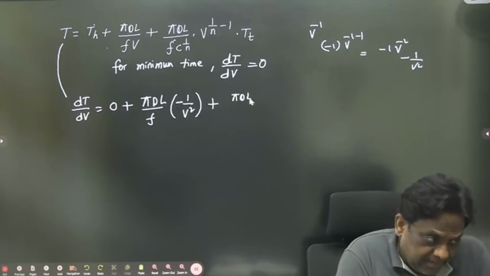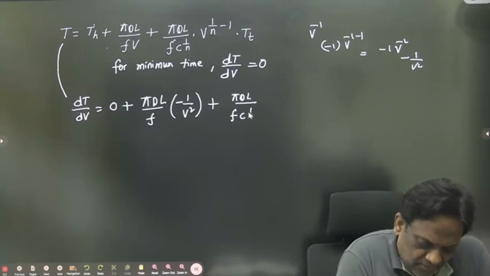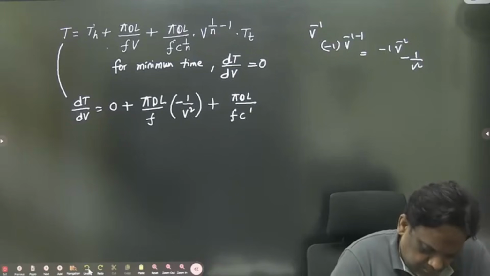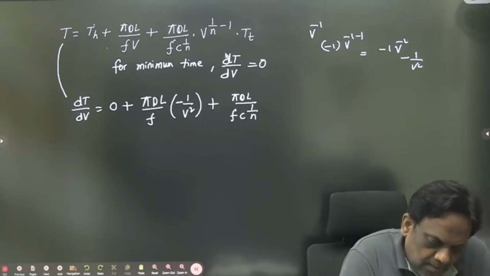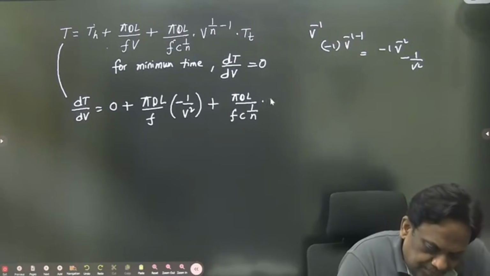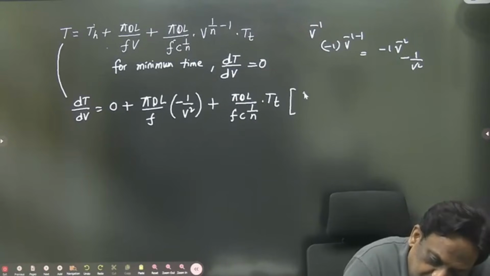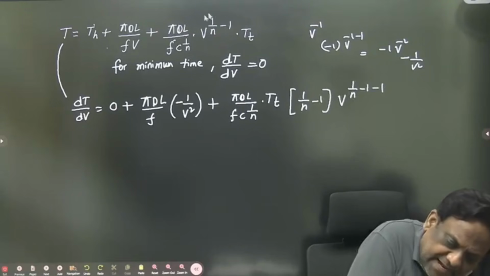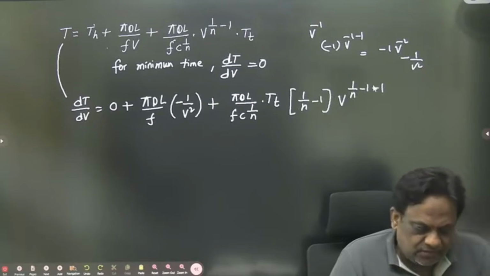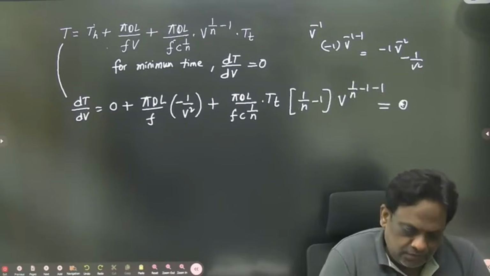Pi dl by f c power 1 by n, pi dl, ये तो कांस्टेंट है, tt इज ऑल्सो कांस्टेंट। देखो एक सेकंड, x पावर n, n इंटू x पावर n माइनस 1, एंड दिस शुड बी इक्वल टू 0.